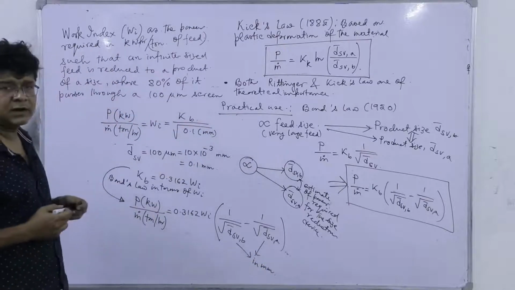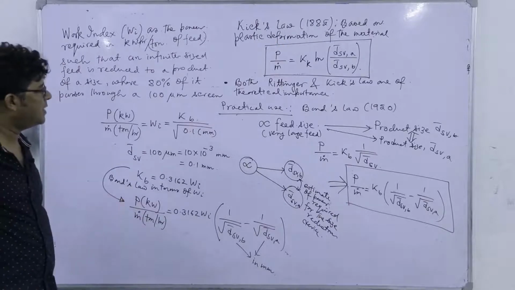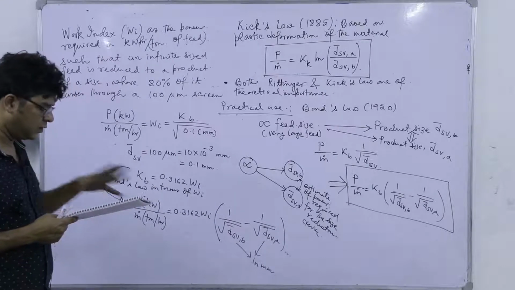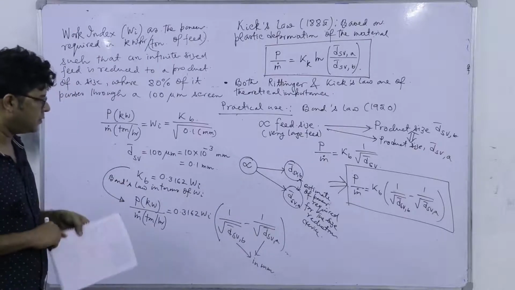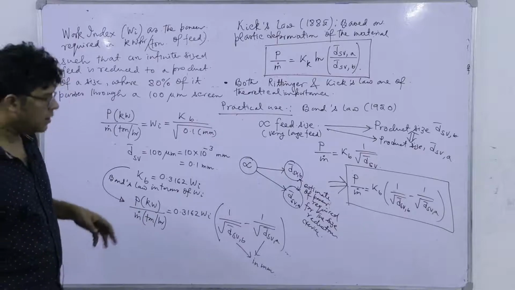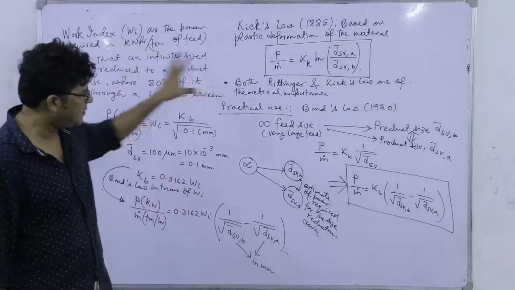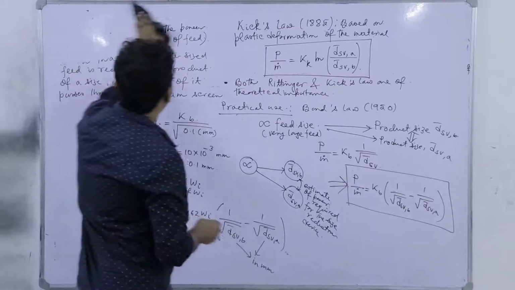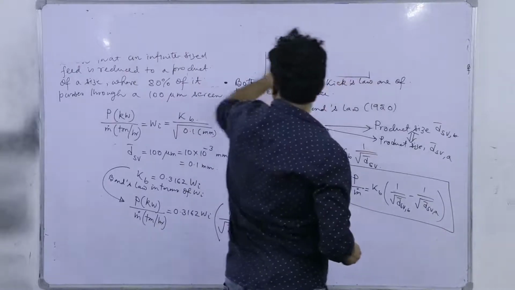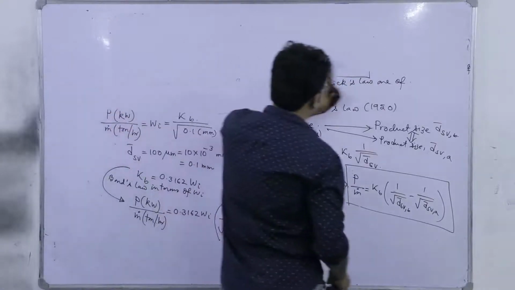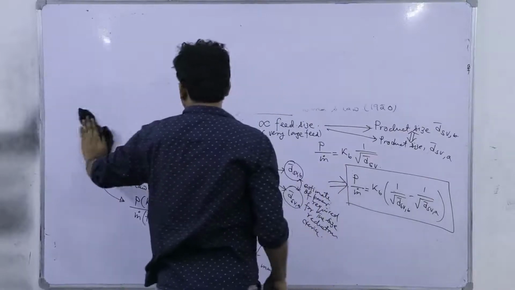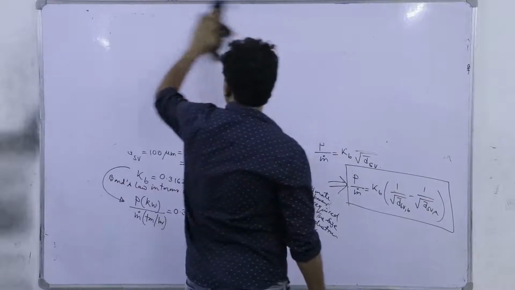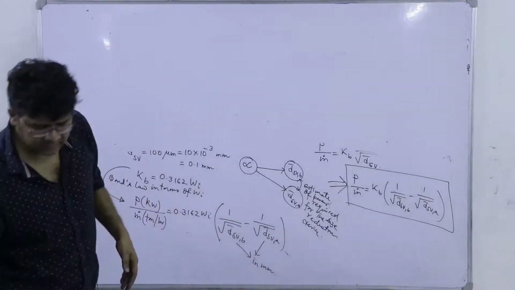So if you are using the work index definition and work index value from a table, you have to use this formulation, and such is the unit specificity of this equation. Now that's the basic idea of power estimation for size reduction.